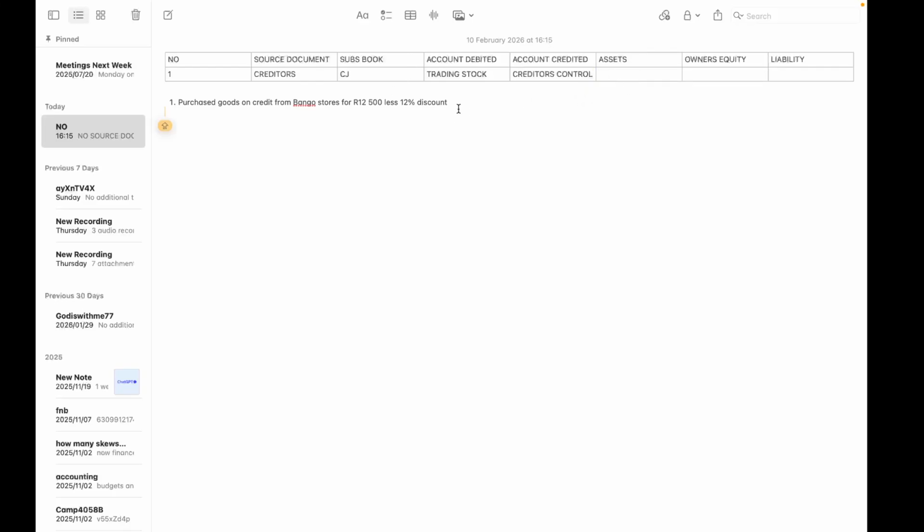And then how much are our assets increasing by? They tell us that we bought this for 12,500 less 12% discount. So we can go about calculating this in two ways. There's the required over given formula, and then there's the one of just calculating the 12% discount. So I'll do both so that you understand. What are we required to calculate?